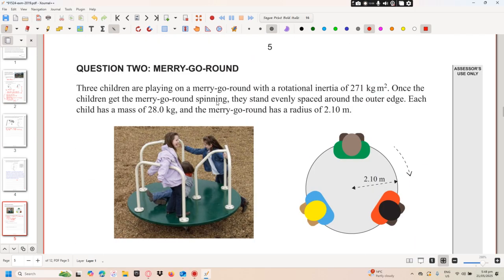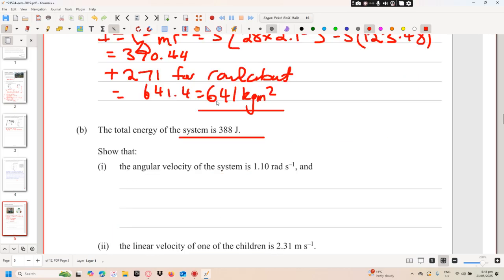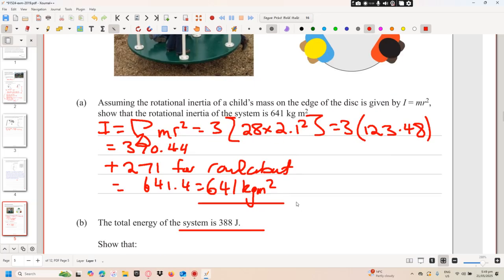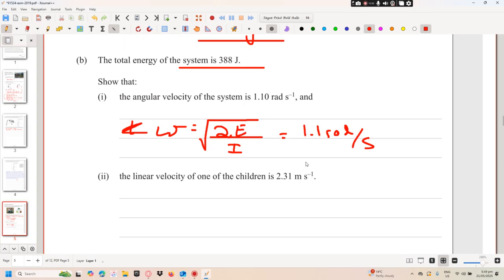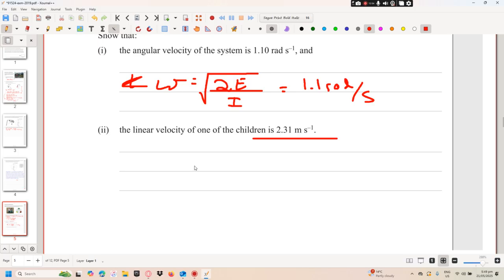Oh wait, it's not m, right? It should be w equals the square root of 2E on I. 2 times 388 on 641. Let's go. 1.1 radians per second.